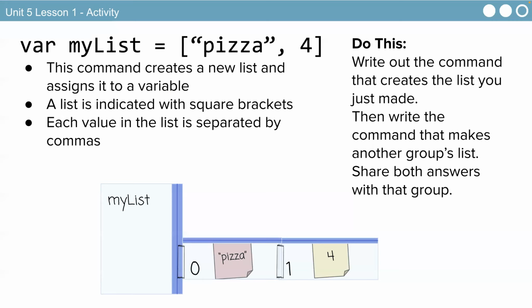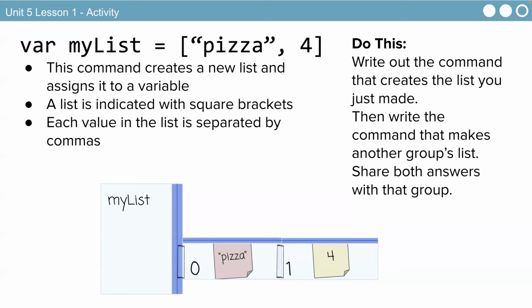Which three? What do you mean? Where's the 4 come from? Four is just the second element put in the list. No. So you are saying var school equals square brackets. I can't read your writing.